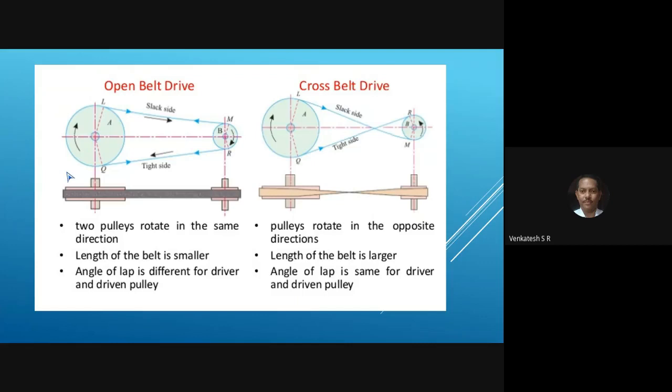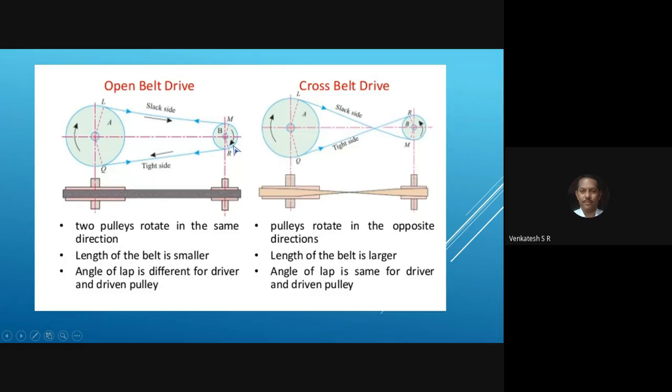Next, come to the point. If you connect the pulleys with the cross belt drive, you will get the opposite direction of rotation. If you rotate the driving pulley in clockwise direction, you will get the rotation in the anti-clockwise direction. In case of open belt drive, a clockwise driving pulley gives clockwise rotation in the driven pulley.